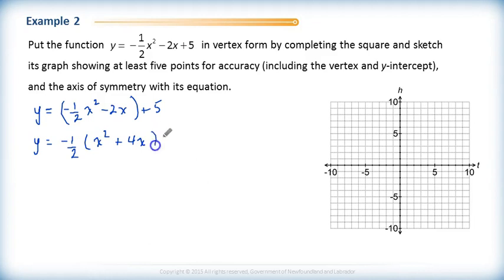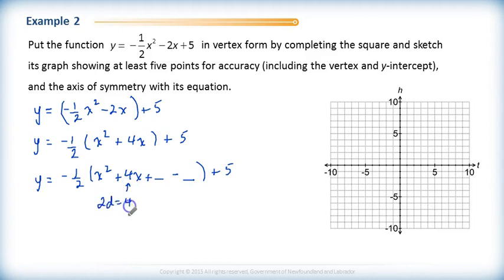We also, in our next step then, have to create our perfect square trinomial. So we make our blank here and subtract an equivalent amount in the next blank. This 4 is twice our d value, so 2d equals 4. That means d equals 2. D squared is equal to 2 squared, which is 4 for this blank.